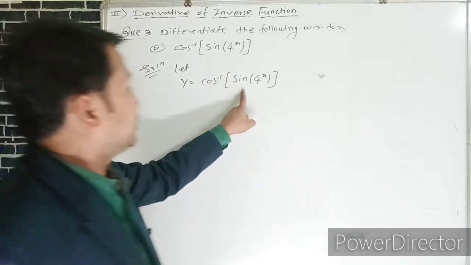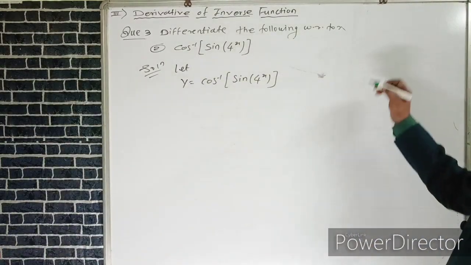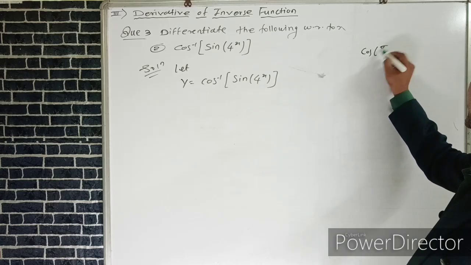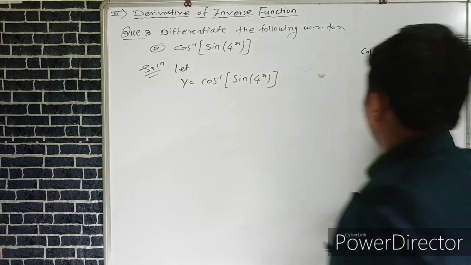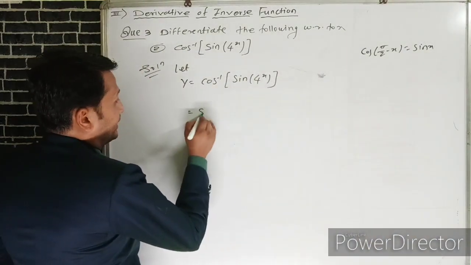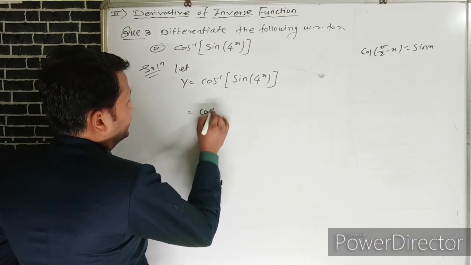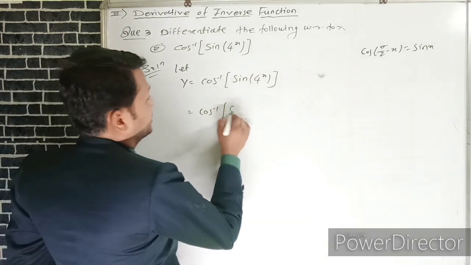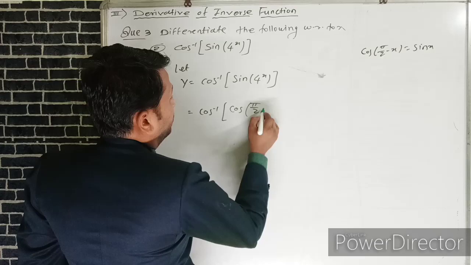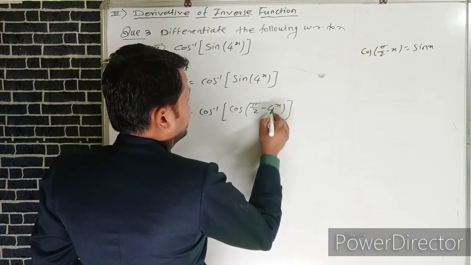By using the quadrant rule, we can write cos of pi by 2 minus x is equal to sin x. Hence, by applying this rule, we can write sine of 4 raised to the power x as cos of pi by 2 minus 4 raised to the power x.